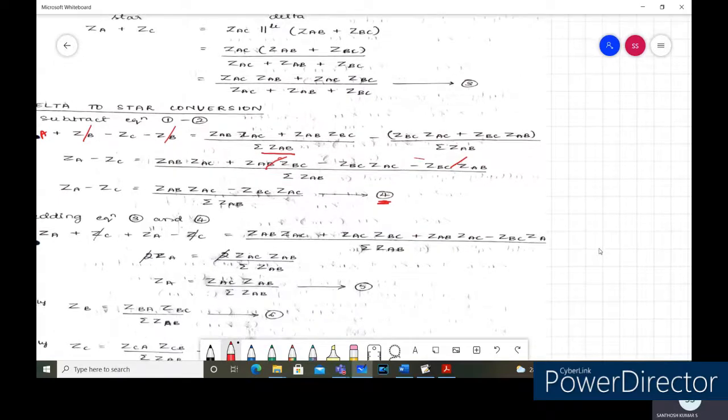Similarly, we add equation number 3 and equation number 4. If we add them, some of the terms get cancelled. ZC gets cancelled, and among the other terms, ZAC, ZBC and ZAC cancel out.